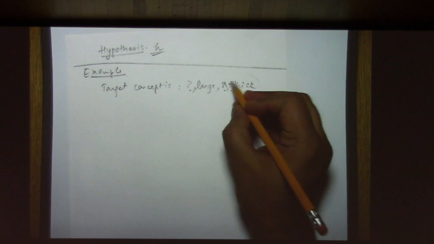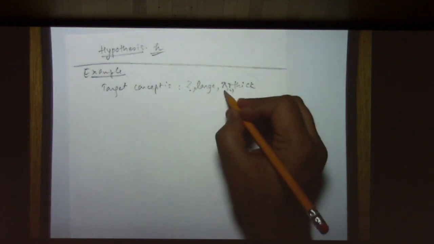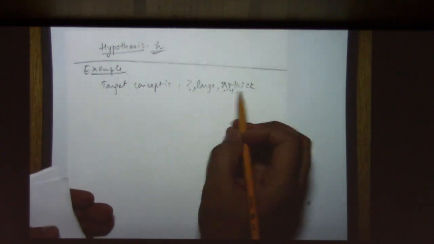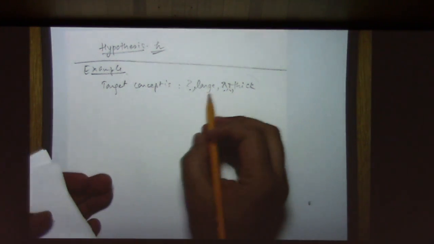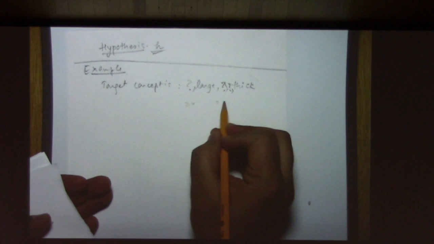There are 2 here, I'm sorry. There's a question mark and a question mark. So anything which has large and thick, but these can be anything, right? So it can be 2 times 2 times 2. That's 8. So you can have 8 positive examples by this concept, and everything else will be negative. That's just a simple combinatorial thing.